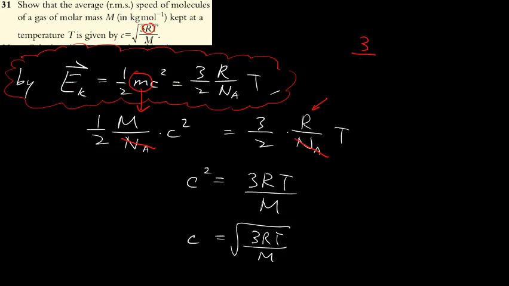Instead, of course, you are not going to use the Boltzmann constant kB times T, because this is basically the gas constant R over NA, which is not what we want from the question, and therefore you should do this instead. After you rearrange the equation, you can clearly see the answer. For the speed of molecules, it is correlated with the temperature, and it is related to the molar mass as well.